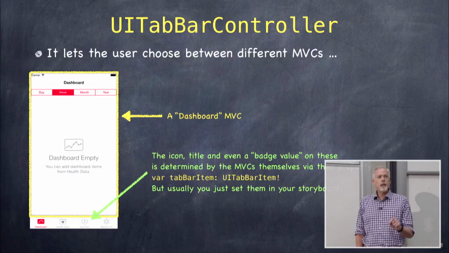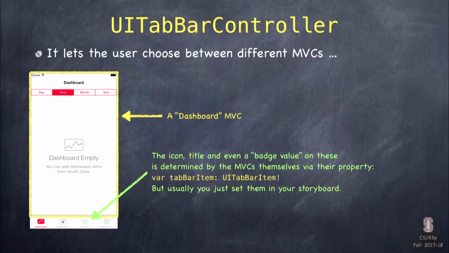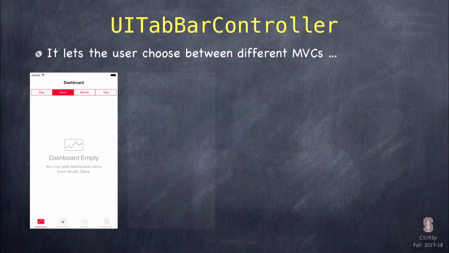The icon and the title that appears down in the tab bar is determined by which MVC is showing. Specifically, UIViewController has this var tabBarItem, and the TabBar controller, when it shows an MVC as part of its view, looks at that so it knows what title and icon to display down at the bottom. So it's all very object-oriented in that sense.